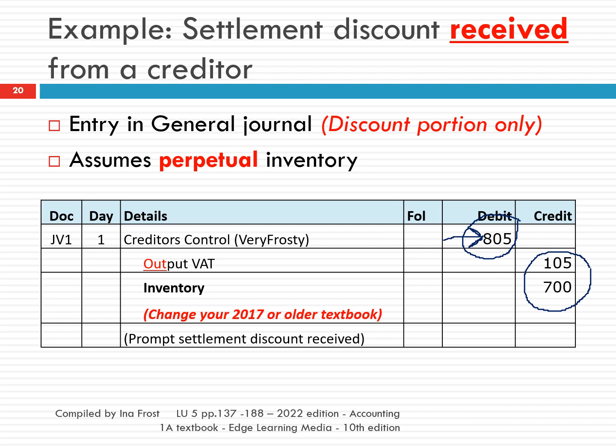The other thing that you just need to take note of, this specific entry is for a business that uses the perpetual inventory system. And therefore, this credit entry here goes to the inventory account. Okay, so this particular entry is for a perpetual inventory system.